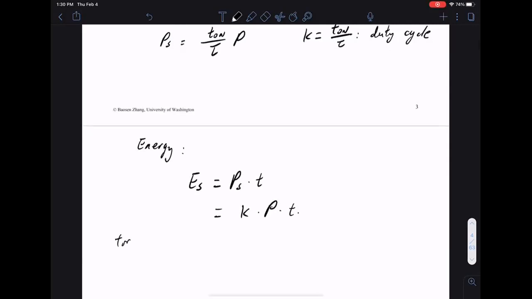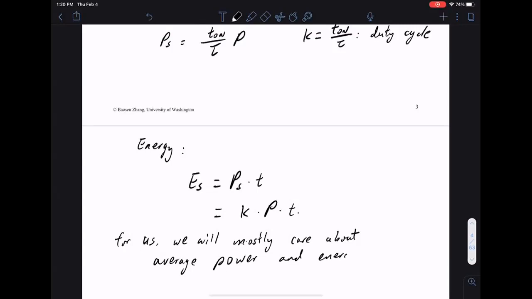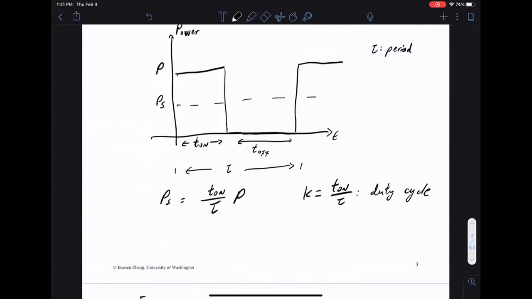For us, we will mostly care about average power and energy.